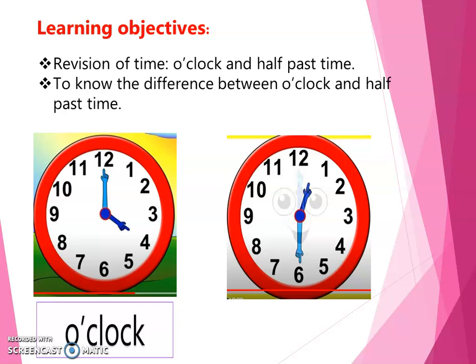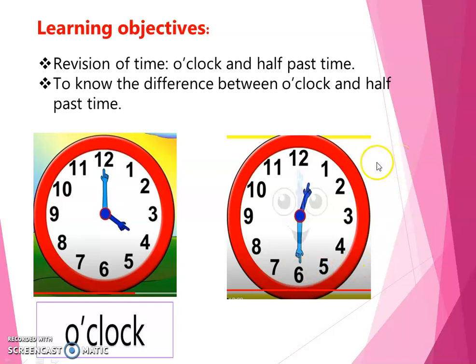And we have here another analog clock. Same as the first clock that I discussed with you. But let us see the difference between these two clocks. Look at the small hand. The small hand is in between 12 and 1. And the long hand is at number 6.